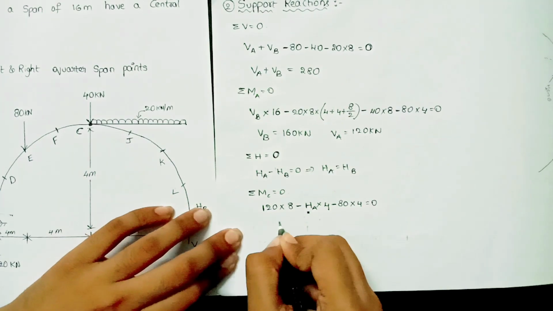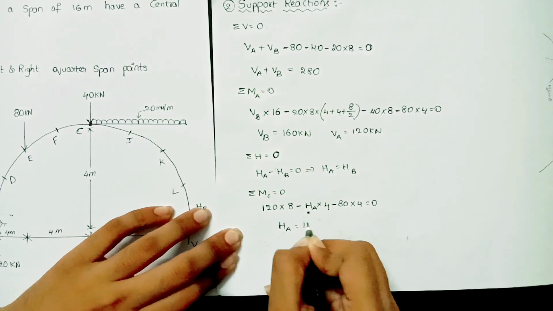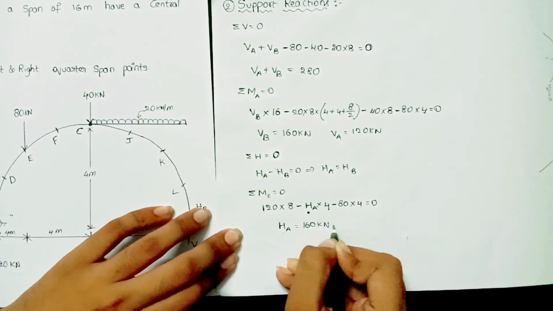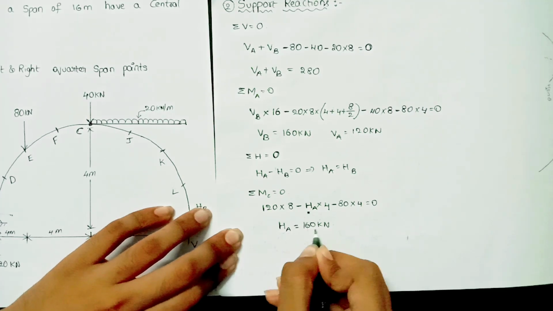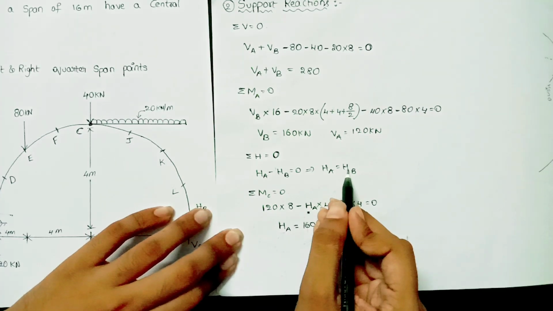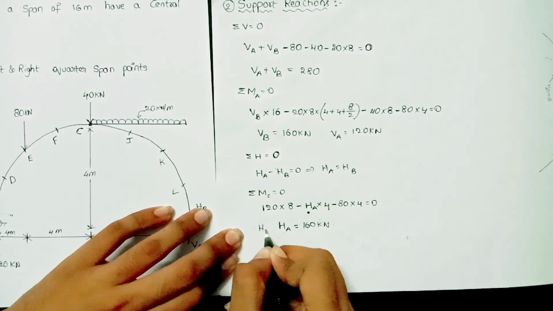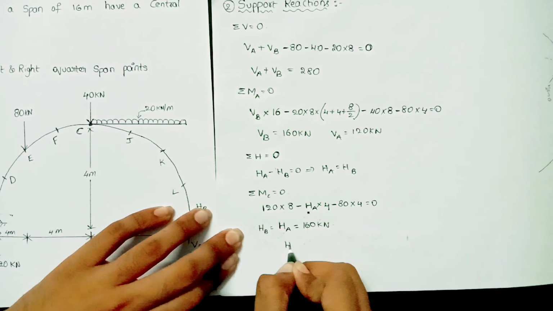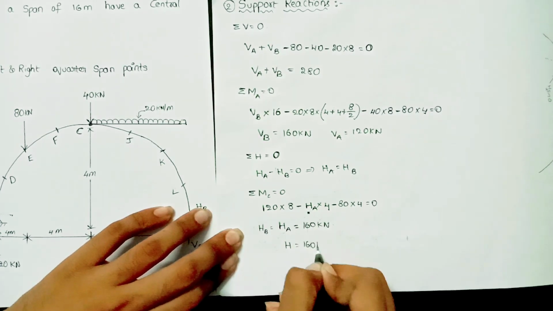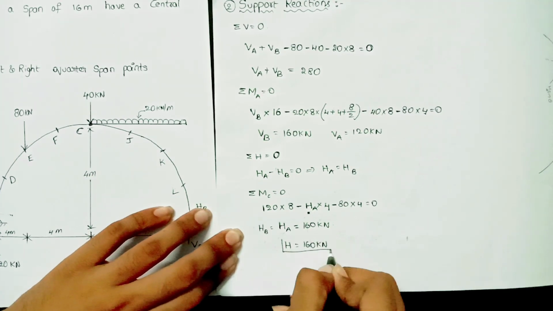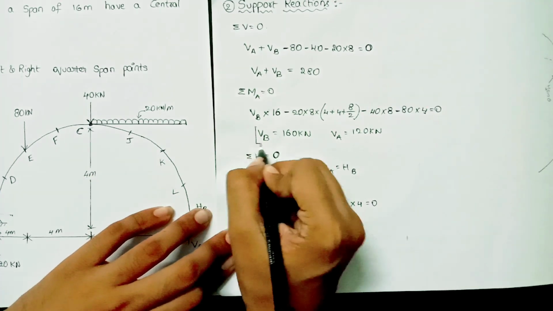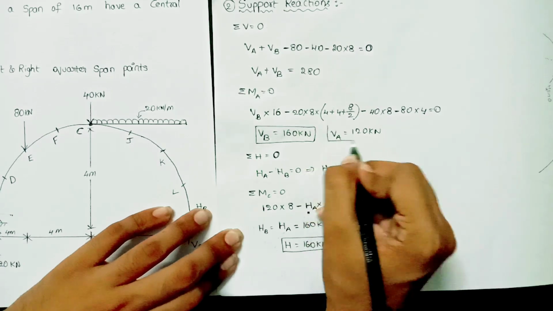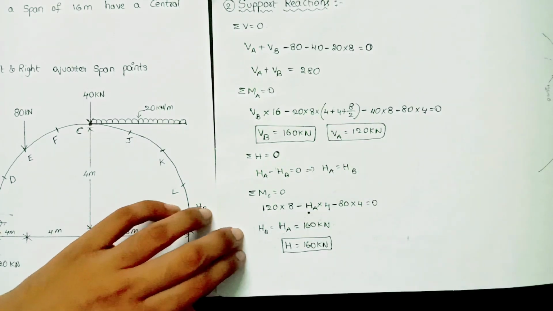From this you will get HA equal to 160 kilonewton. Since HA equals 160 kilonewton, HB will also be equal to 160 kilonewton. Commonly I will take the horizontal reaction equal to 160 kilonewton. So this is the horizontal reaction, this is the vertical reaction at B and this is the vertical reaction at A.